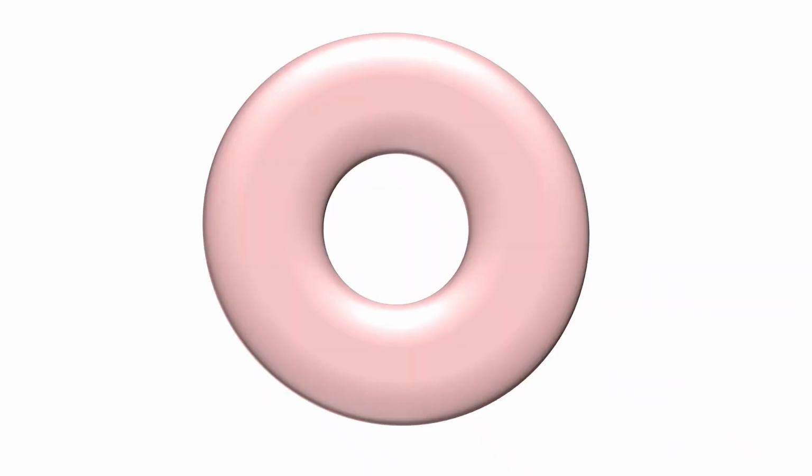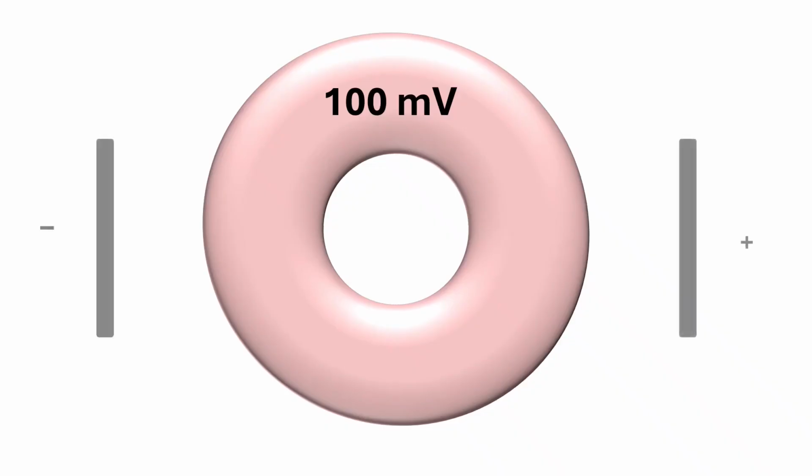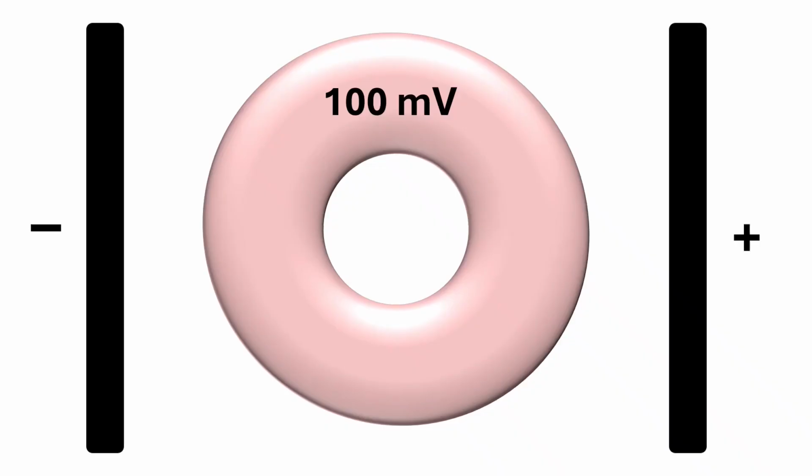At the initial state, a cell could be resting at a membrane potential of around 100 mV. The cell membrane is a bilayer of phospholipids as shown in an earlier slide. A short, high voltage electric pulse is applied across the cell membrane. This causes the transmembrane electric potential to increase.